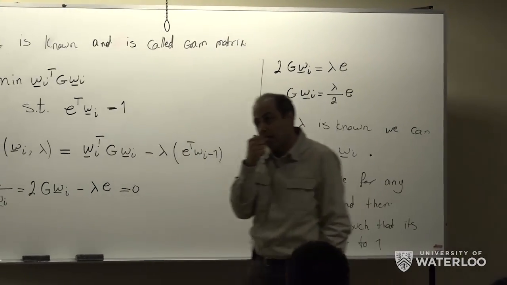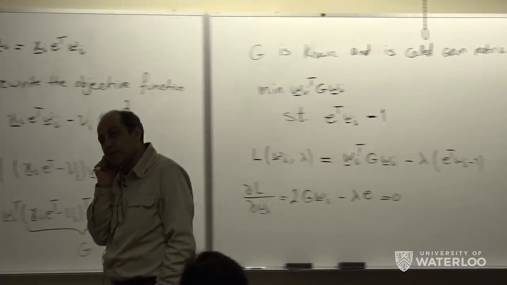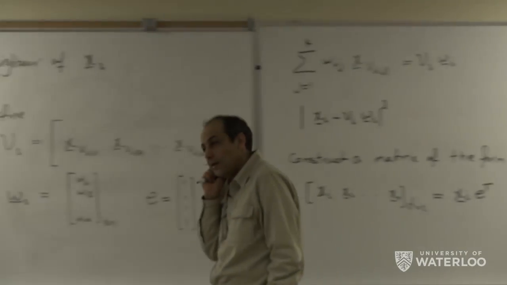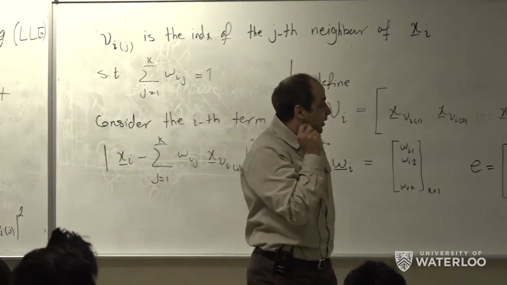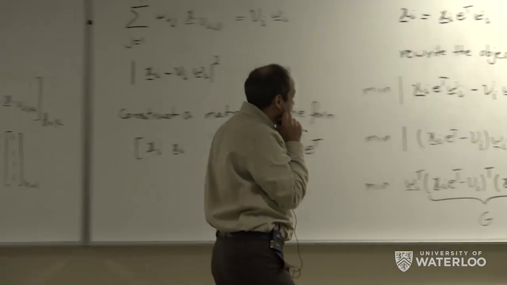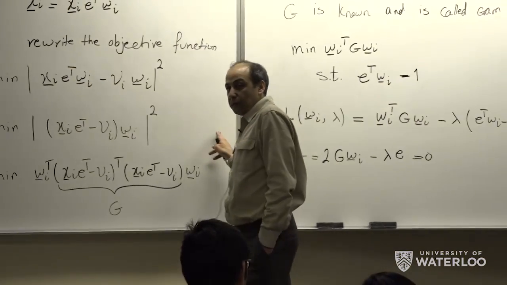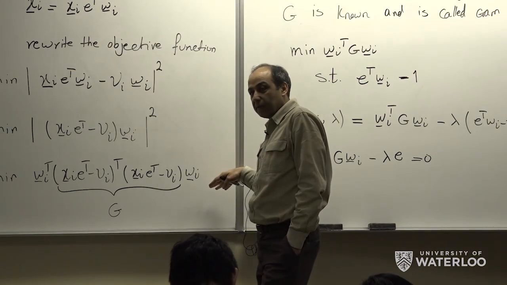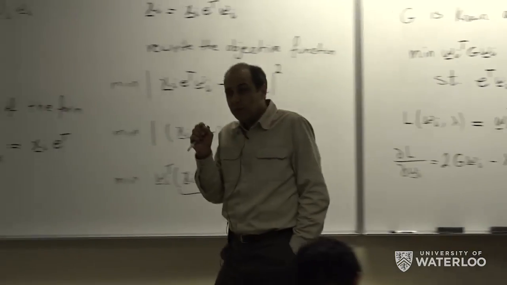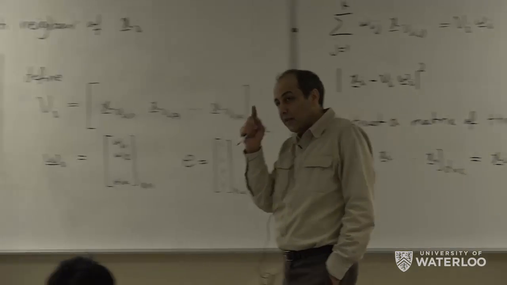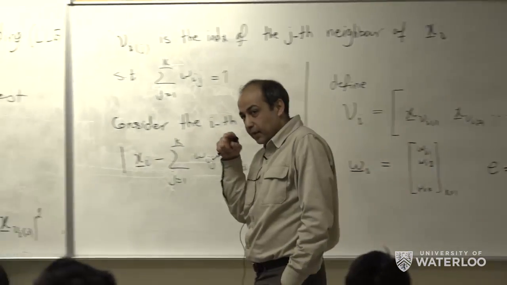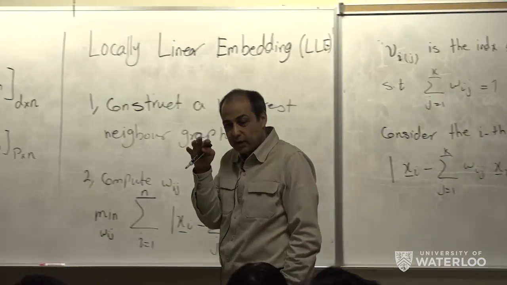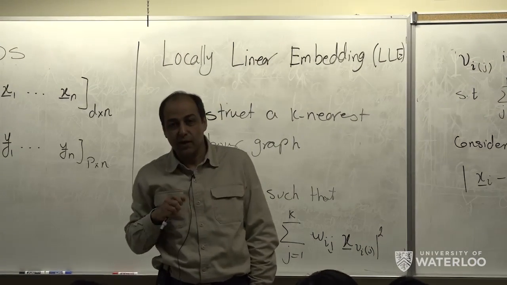Yes? Is G always invertible? Sorry? Is the gram matrix always invertible? The gram matrix is invertible or not depending on the number K that you are choosing and the dimensionality of the data. So you have K points in D-dimensional space. If D is larger than K, this K by K matrix is most likely full rank and is invertible.